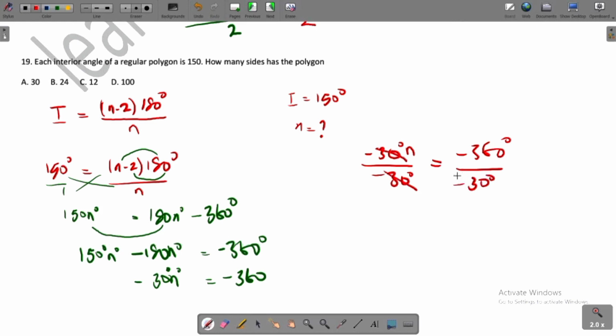This eliminates this, and this minus eliminates this minus. This 0 can eliminate this 0. So 36 divided by 3 gives us 12. So our N is 12. That is, the polygon has 12 sides. That's the solution to that. I'm just picking up the formula, and you find a way to get your answer through the formula.